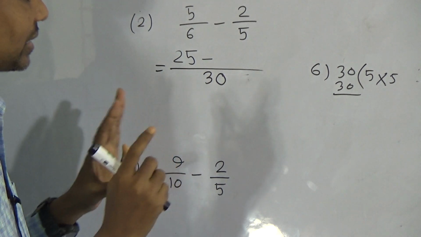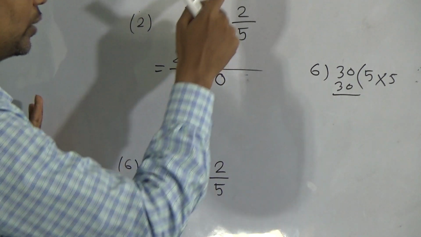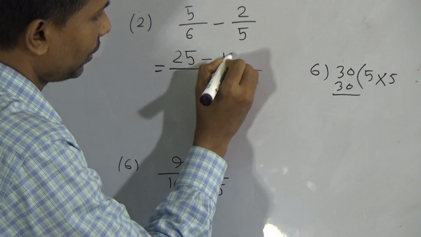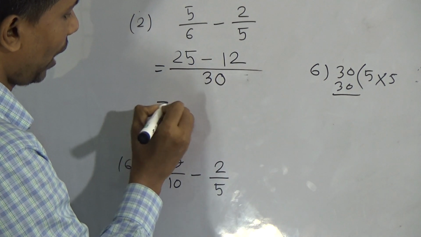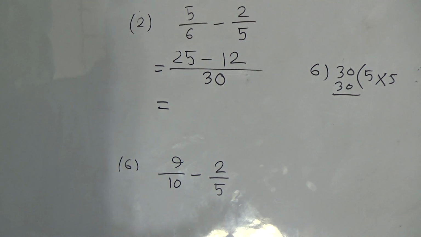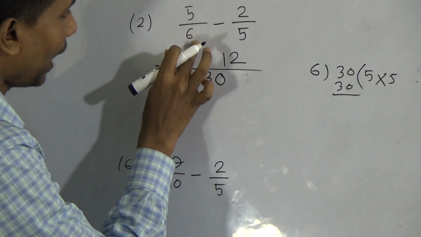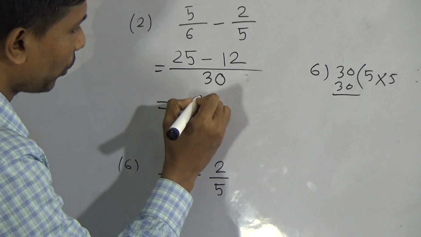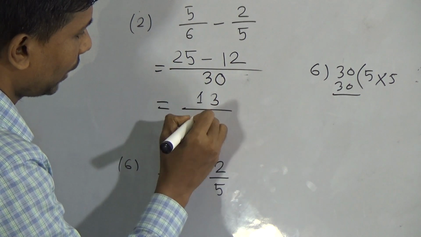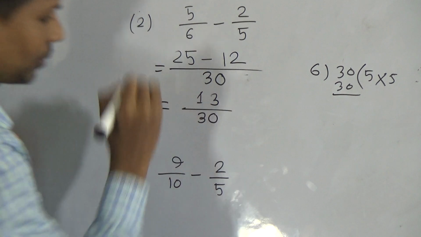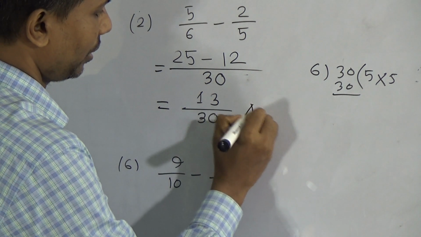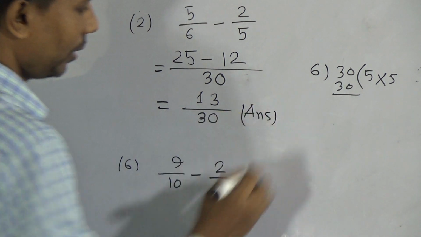Then you get 6. Now multiply with 2, 6 twos are 12. Now subtract. 25 minus 12 equals 13, and the denominator remains 30. Okay student? So this is our subtraction result.